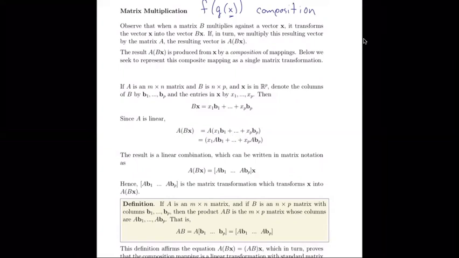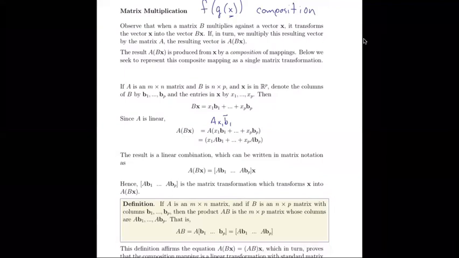Now we have A times the vector Bx is a linear combination, x1 up through xp, of A times b1 through A times bp. So what we were able to do is use the scalar multiple property as well of this scalar x1 times, or of A times x1 b1. Right, so this term would have looked like this initially, A x1 b1, and this is a scalar which we can multiply.